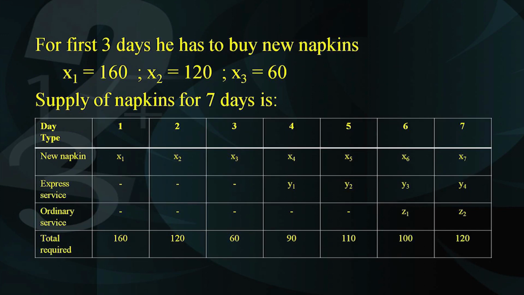So, we have 7 Xi's, 7 Yi's and 7 Zi's, and of course, you do not know how many of them will be Vi's.